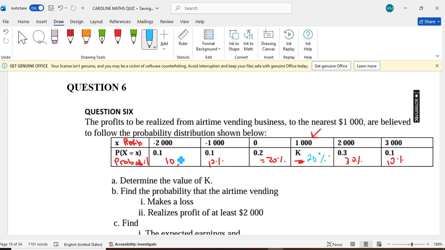We got probability of 0.1 making a loss of negative 2,000. We also got another probability of 0.1, which is also 10%, of making a loss of negative 1,000. So I want to find out overall what is the probability of making a loss, either negative 1,000 or 2,000.